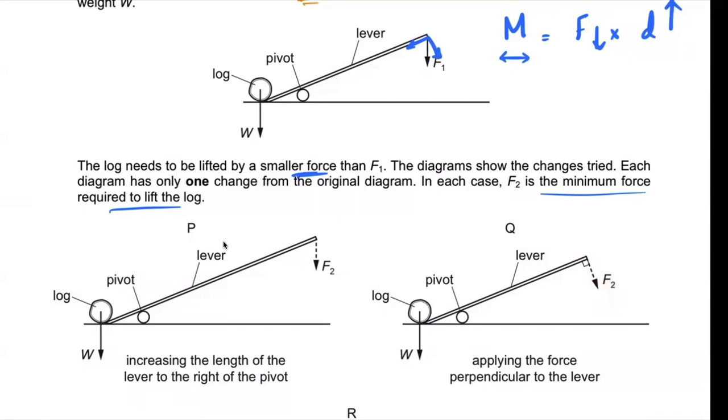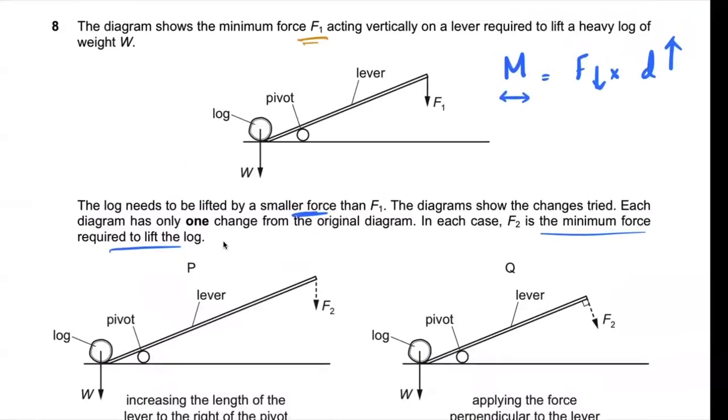All right. If you don't like this line of reasoning, you can also think of it like this: the moment is always the force times the perpendicular distance. Here is the pivot, so this is really the perpendicular distance in this case.